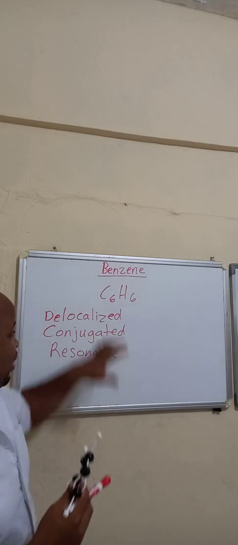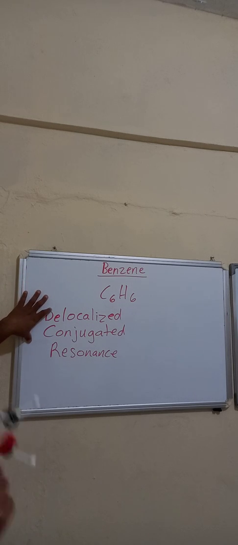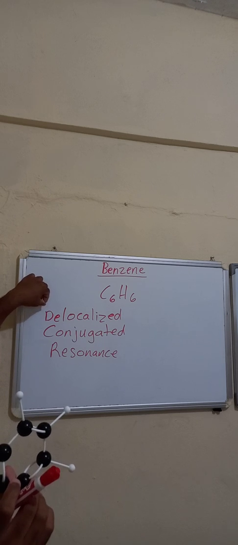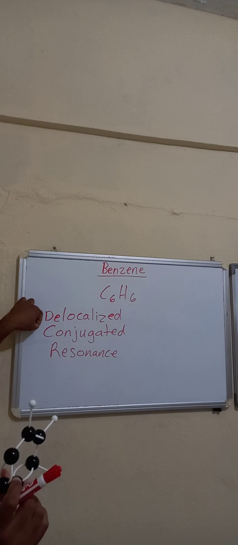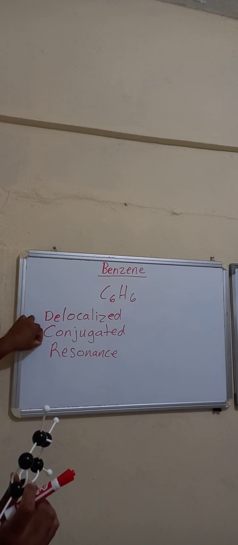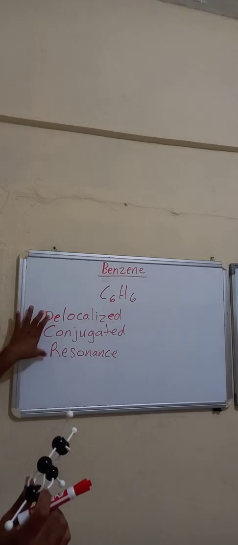So benzene is a ring compound. It has delocalized electrons, it is conjugated, and resonance also exists. I will explain these terms shortly.